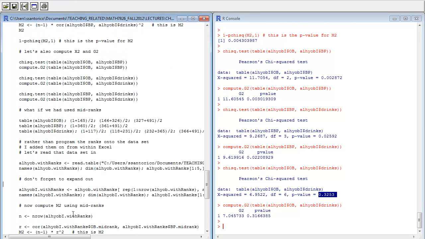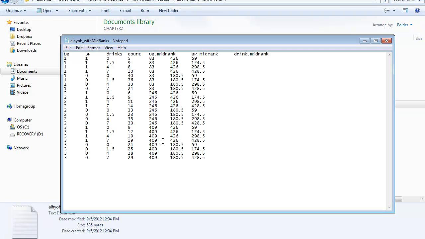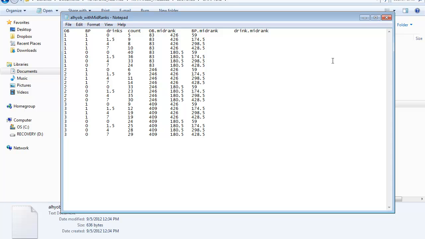And again, rather than bothering with doing fancy coding in R, not that I couldn't do that, but sometimes it takes less time to just recode and add a column in Excel, and so that's what I did here. So this data set I created in Excel, and I added in Excel these 3 extra columns, which give the obesity rank, the blood pressure rank, and the drink rank.